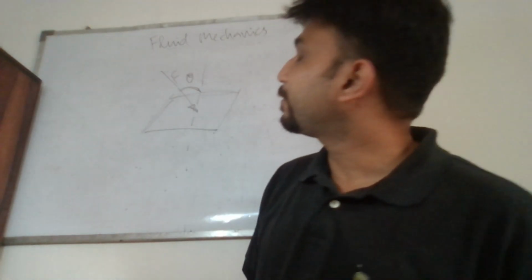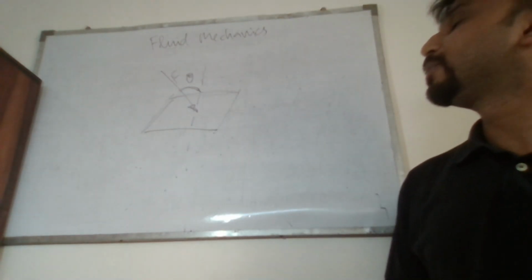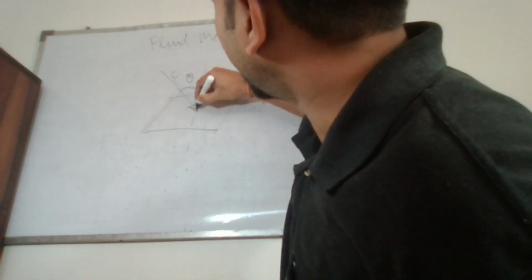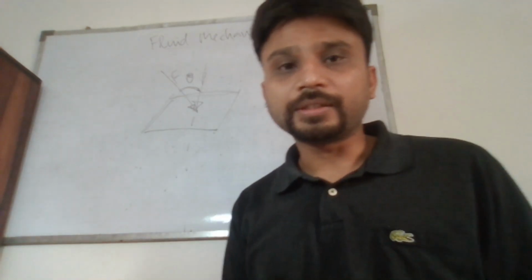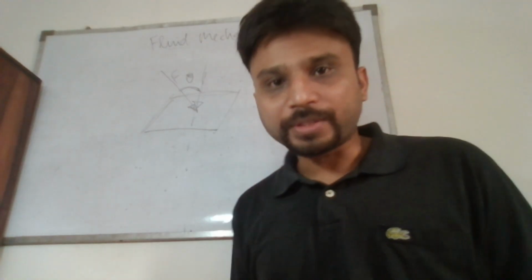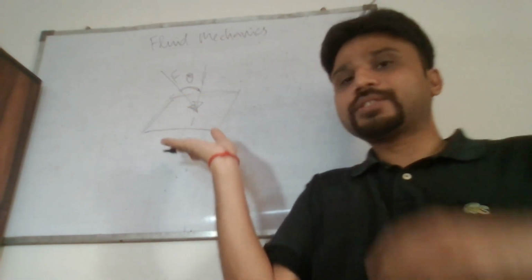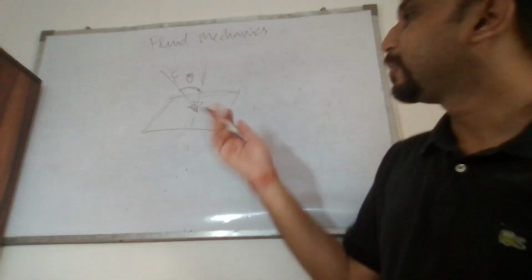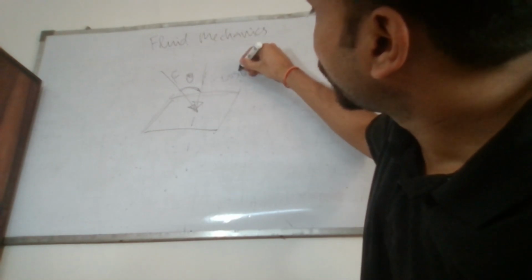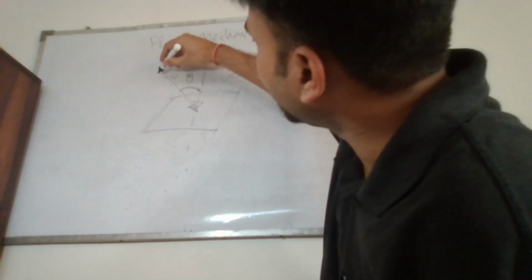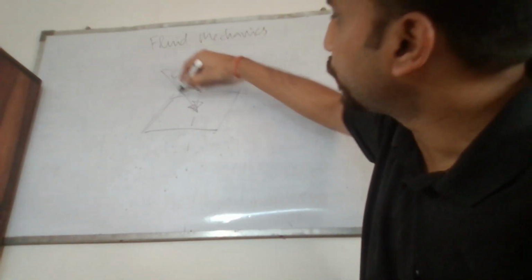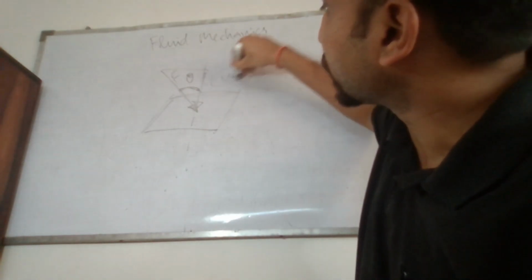So this force F, which is acting at an angle theta, will have a component which is perpendicular to this surface. On this square surface, the force is acting at an angle. So we say the perpendicular component is F cos theta. It is F cos theta because we can take two components like this, and the component of force attached to angle theta is a cos component.